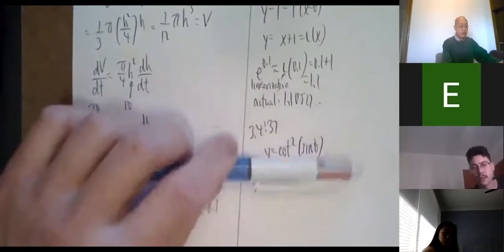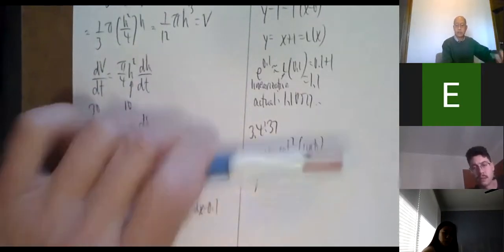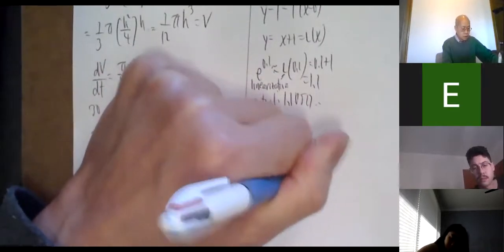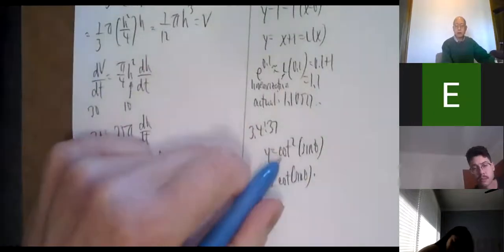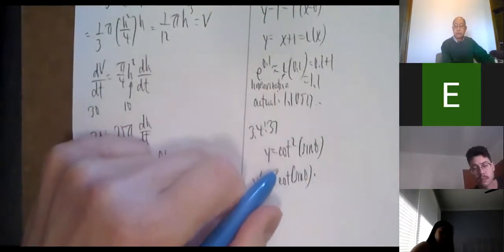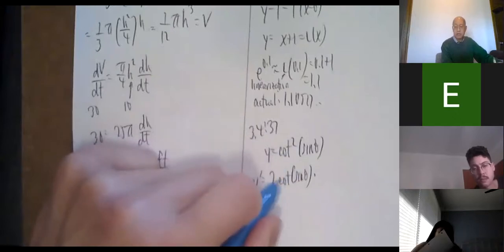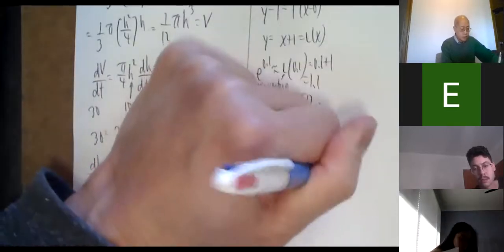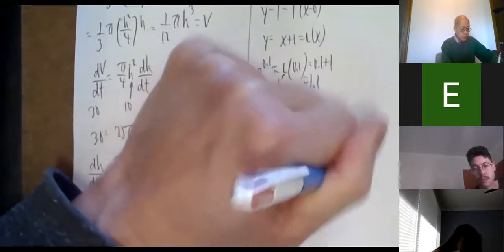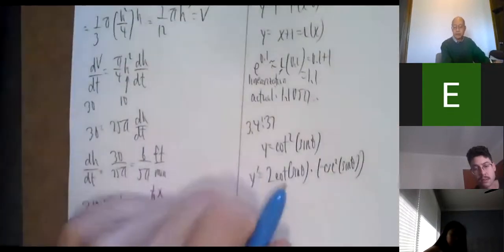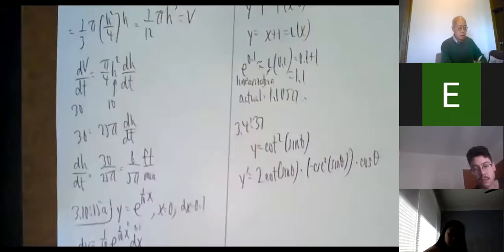It's blah, blah, blah squared essentially. So the outside function is squaring: 2 cotangent of sine theta to the first power, times the derivative of the inside function, which is now cotangent. So how do I differentiate cotangent? Negative cosecant squared of sine theta times the derivative of the inside function. The derivative of sine theta is cosine theta.